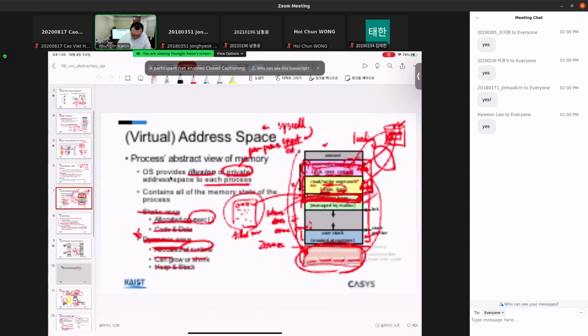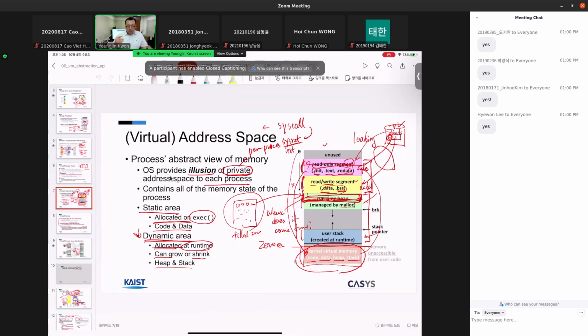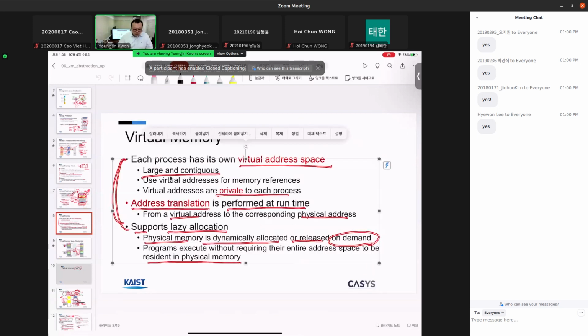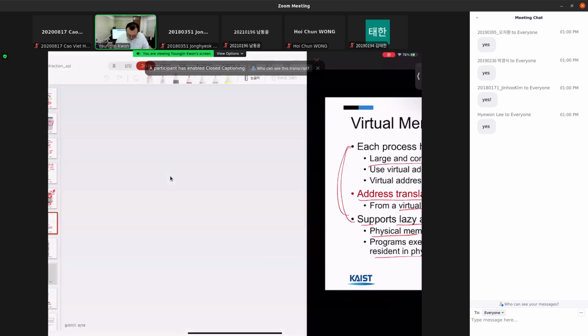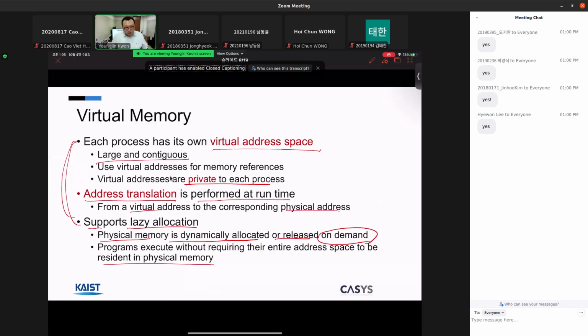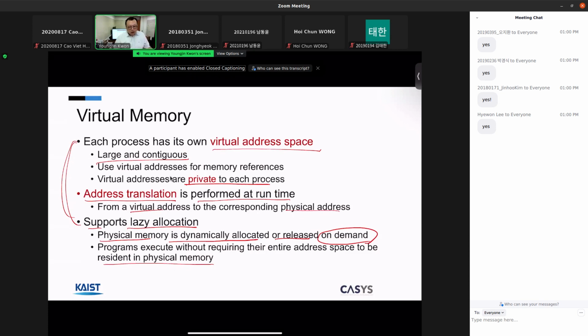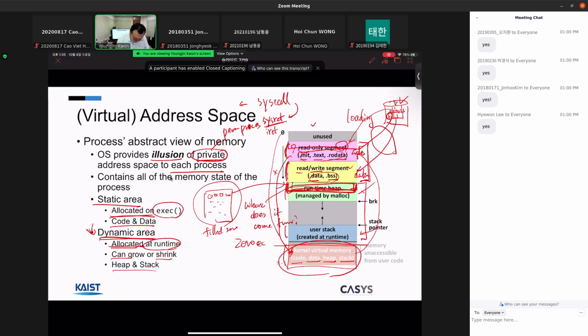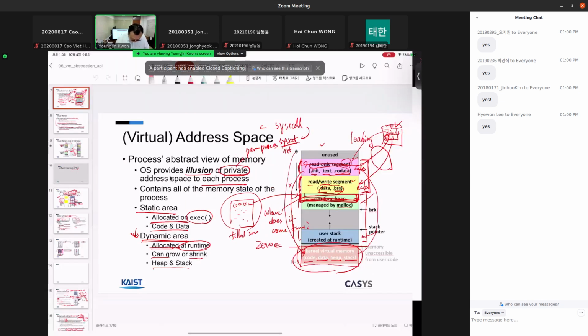And so we discussed how the operating system lays out virtual memory. An important functionality of virtual memory is that each process has its own virtual address space and addresses need to be translated, and we have to support lazy allocation, where applications are loaded on demand.